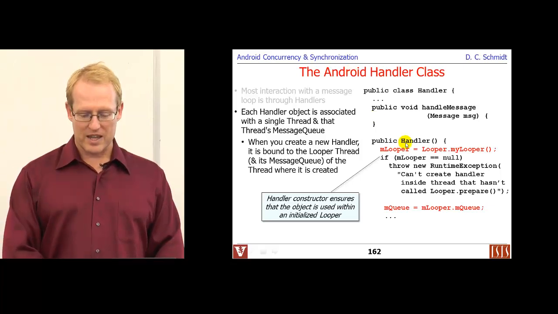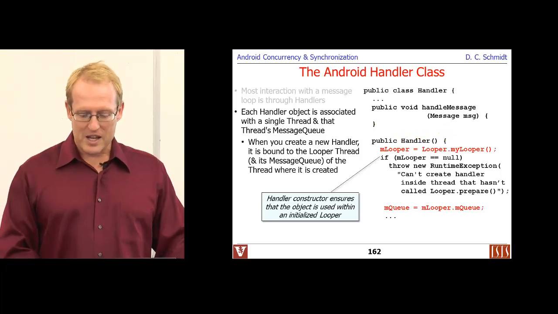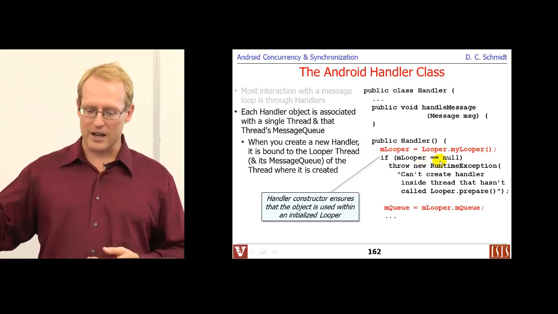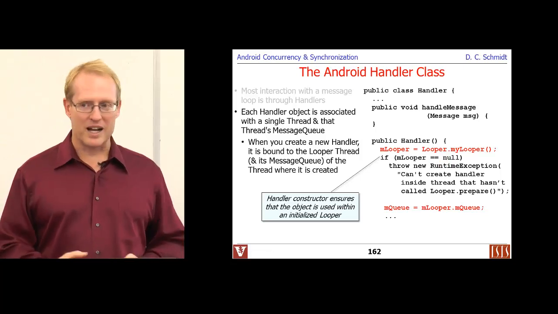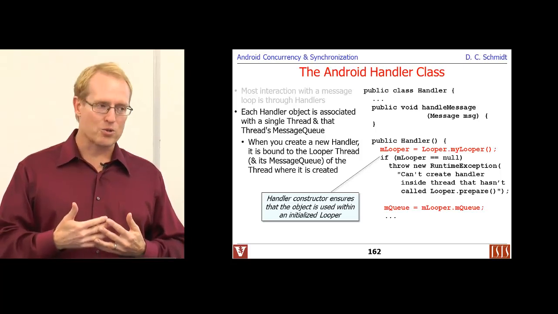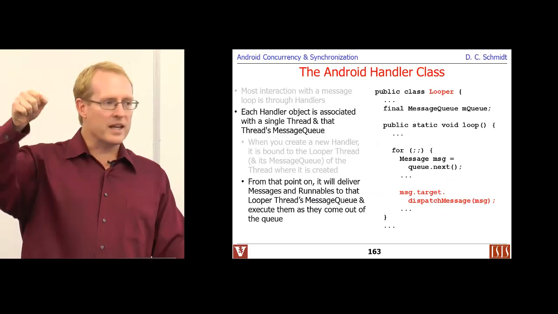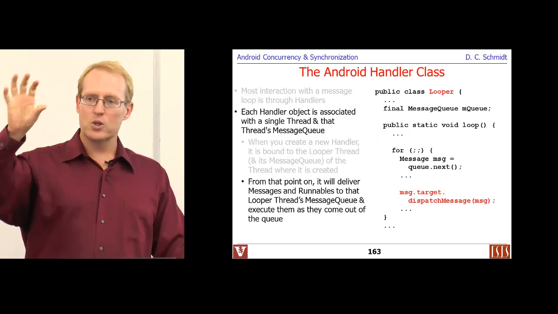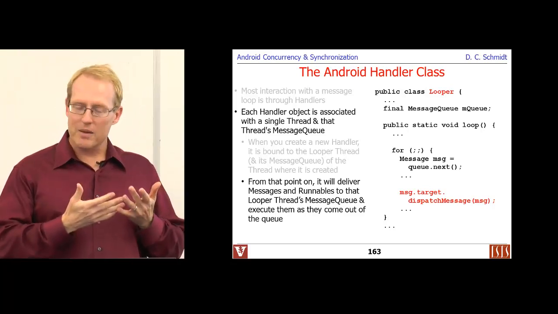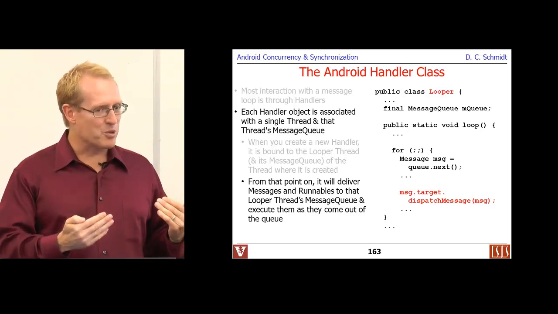So if you were to take a look at the handler constructor, which you're welcome to do because you have the source code for all this stuff, you'll see the first thing it does is check whether or not it's running in a looper context, and if not, it bails out. And if it is running in a looper context, it grabs the queue that goes along with the looper that's associated with that thread of control. And from that point onwards, as people send messages or post runnables to that handler, they will end up being stuck onto the message queue, and they'll pop out and be processed in the thread of control that is owning that particular handler.